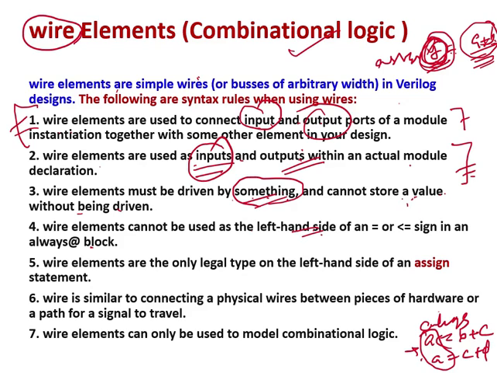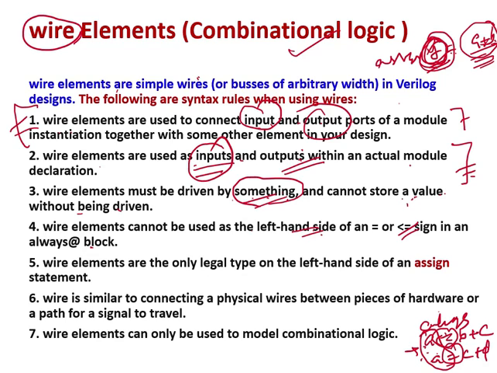Inside an always block, the left hand side has to always be a REG type. This one is a non-blocking assignment and this one is a blocking assignment. You can write a blocking assignment or a non-blocking assignment, both can be used, but the left hand side cannot be a wire type.